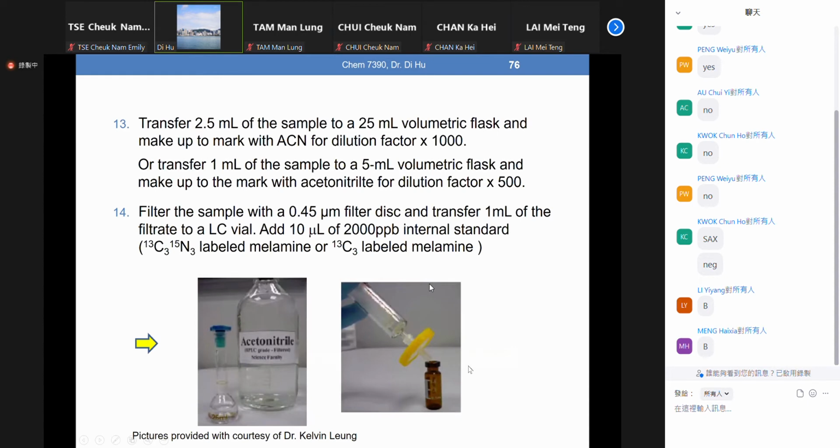Okay, so then you can see that centrifuge, and filter the sample with the syringe filter, and then put that into a vial and also add the isotope labeled melamine. Okay, it can be both nitrogen-15, carbon-13 labeled, or just carbon-13 labeled. Both of them are quite popular.